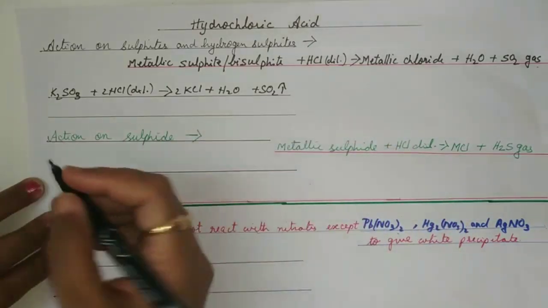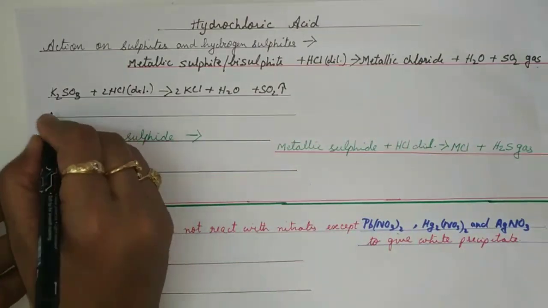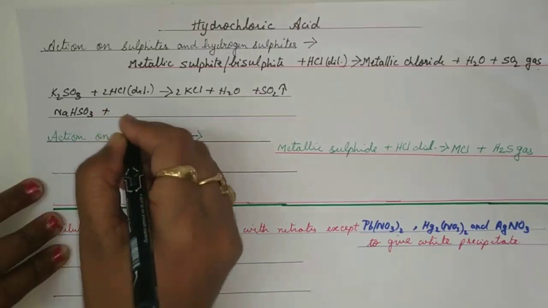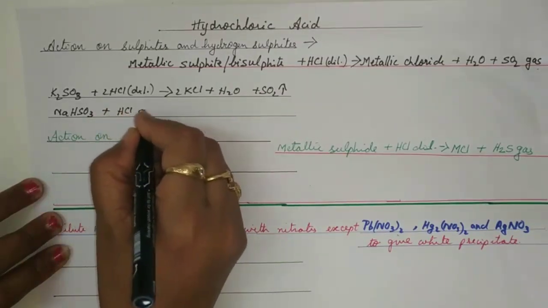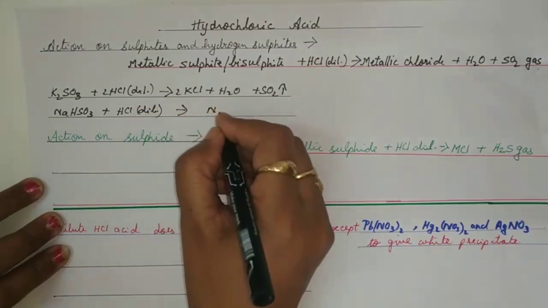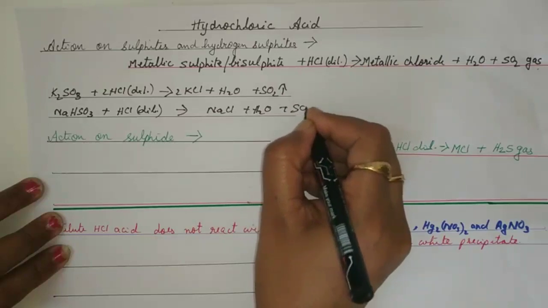With a bisulfite, that is a hydrogen sulfite, maybe the reaction will be with sodium bisulfite plus dilute HCl will give you the salt, the water and the SO2 gas.